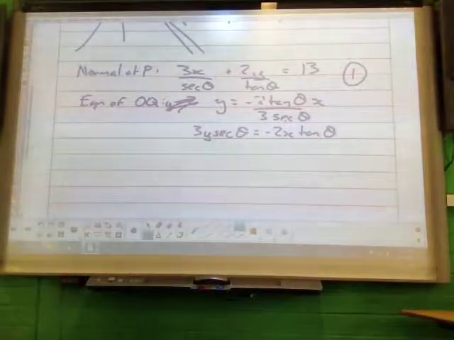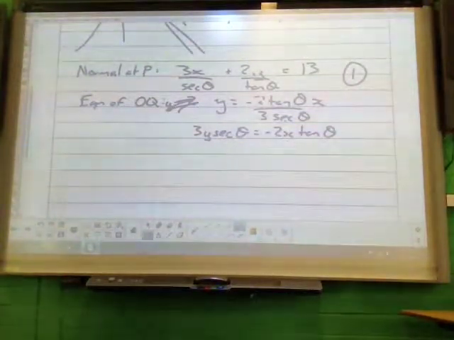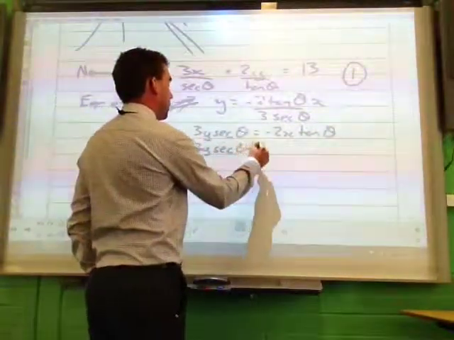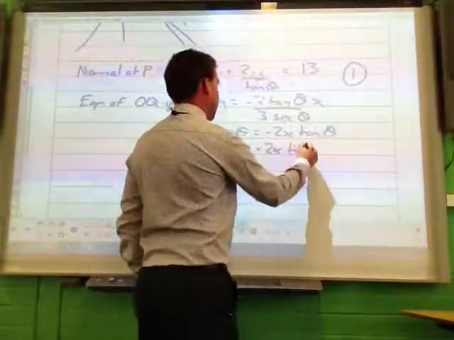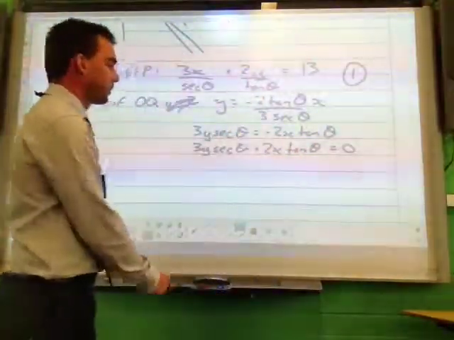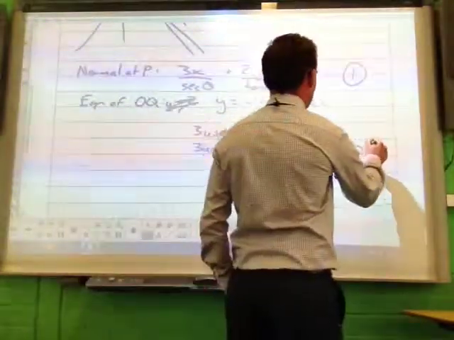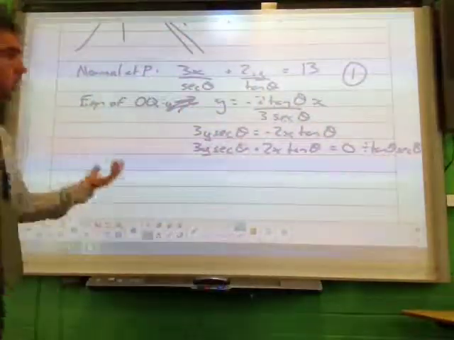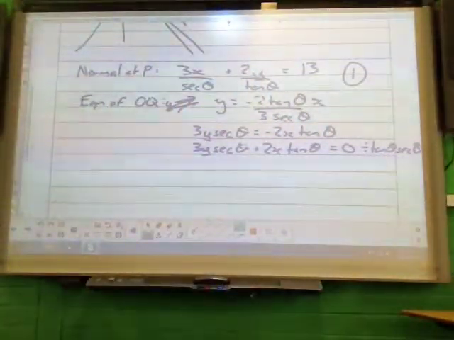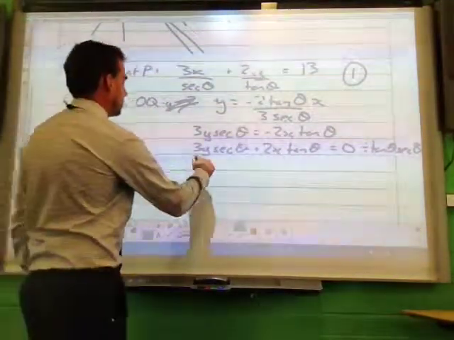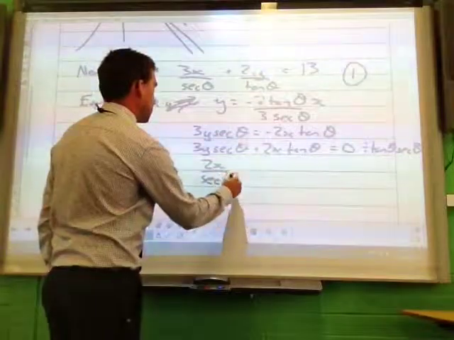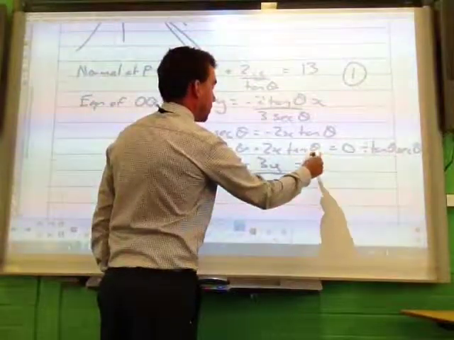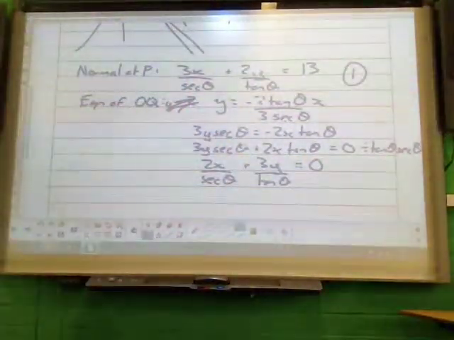So 3y sec theta plus 2x tan theta is 0. I'm going to divide everything by tan theta sec theta to remove them from the top, and swap to put the x's before the y's.